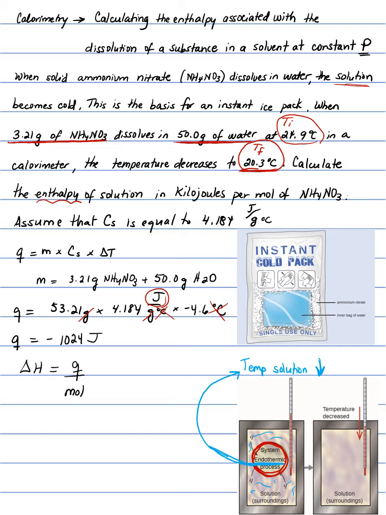So calculating moles, I'm going to put here 3.21 grams. The molar mass is 80 grams per mole, so we're dividing the given grams by the molar mass, and that's going to give you the number of moles.